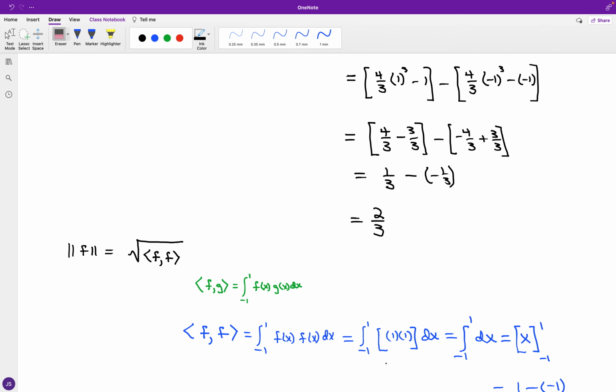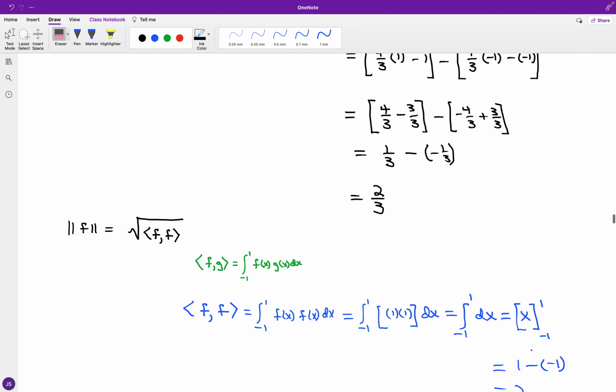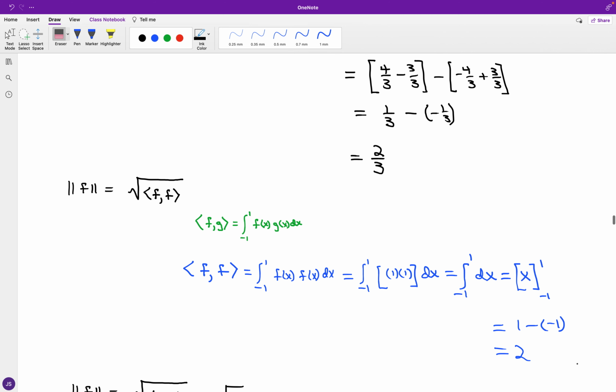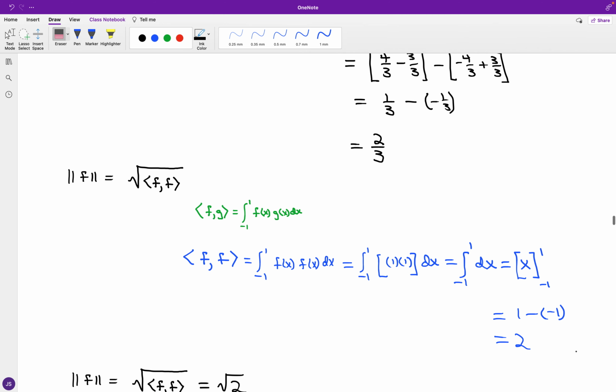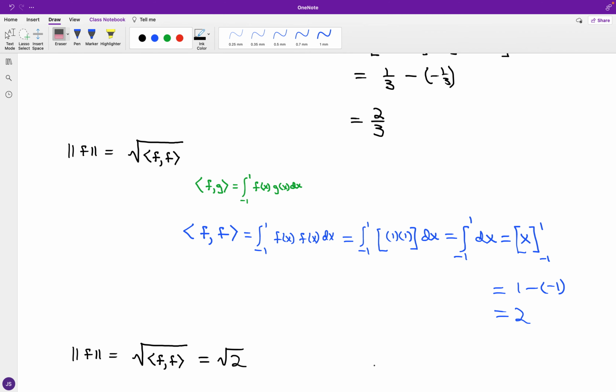With f of x at 1, I'm looking at integrating 1 times itself over x as x goes from negative to positive 1. So I'm looking at the integral of 1 dx or just dx, and the antiderivative is going to be x as x goes from negative to positive 1. Here we're going to have 1 minus negative 1, and that's going to come out to 2. And the norm of f is going to be the square root of 2.